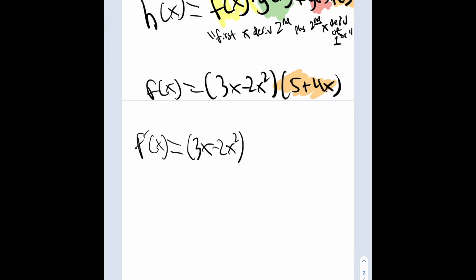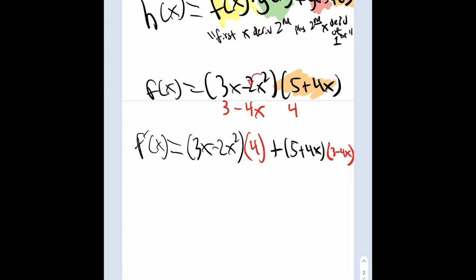A constant doesn't have anything, and the derivative of 4x is just 4. So I'm going to multiply this term by 4, plus the second function, 5 plus 4x, times the derivative of the first. The derivative of this is just 3, and if I bring this 2 down in front, I get negative 4x. So I'm going to multiply this by 3 minus 4x.